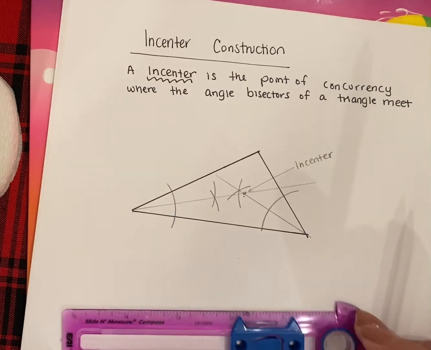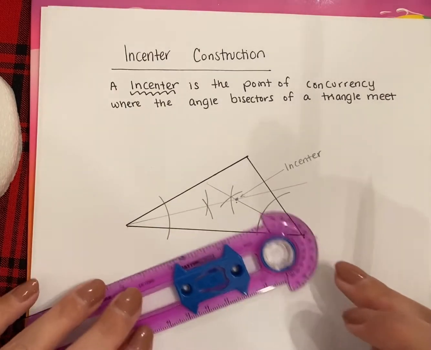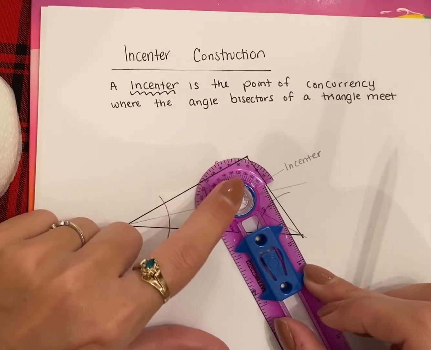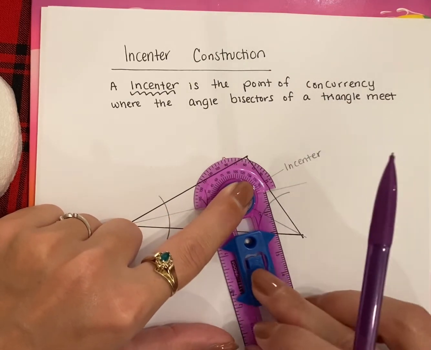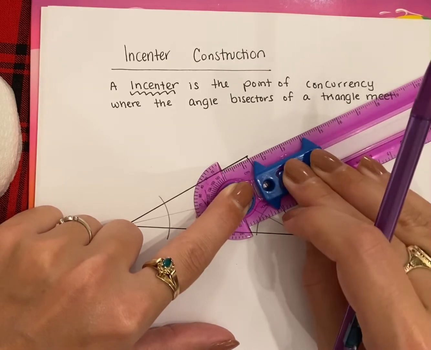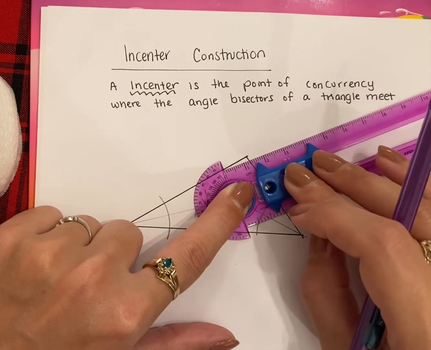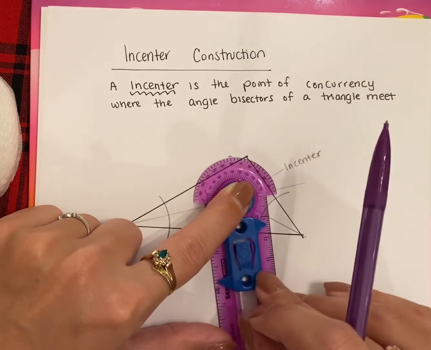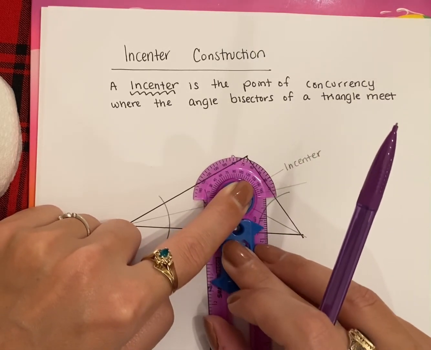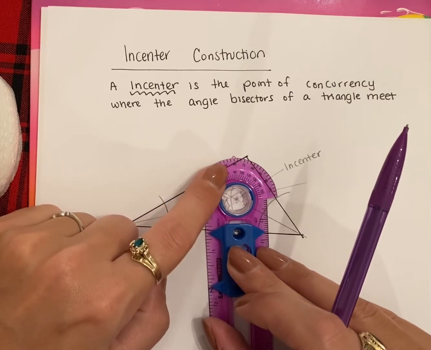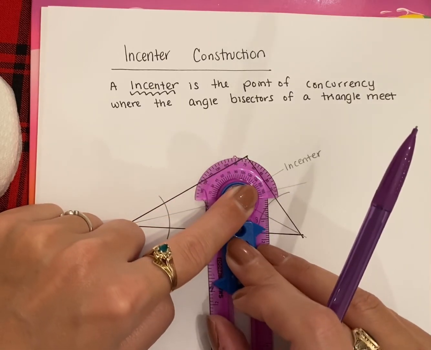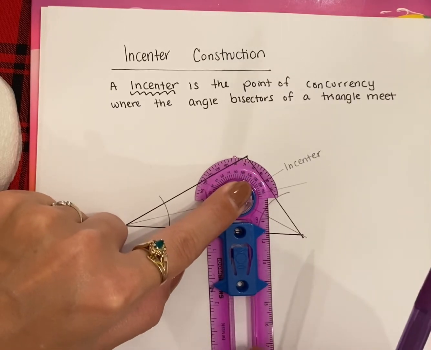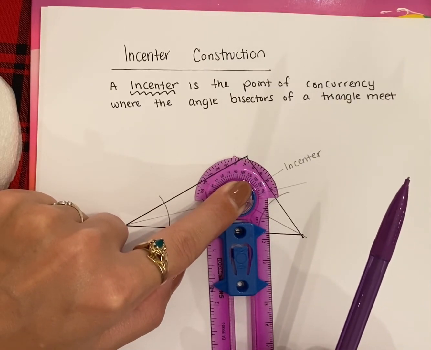So what we're actually gonna do is put our compass right at that incenter, and you're gonna open it up to one of the side lengths of your triangle. And you're actually going to construct a circle inside of your triangle.